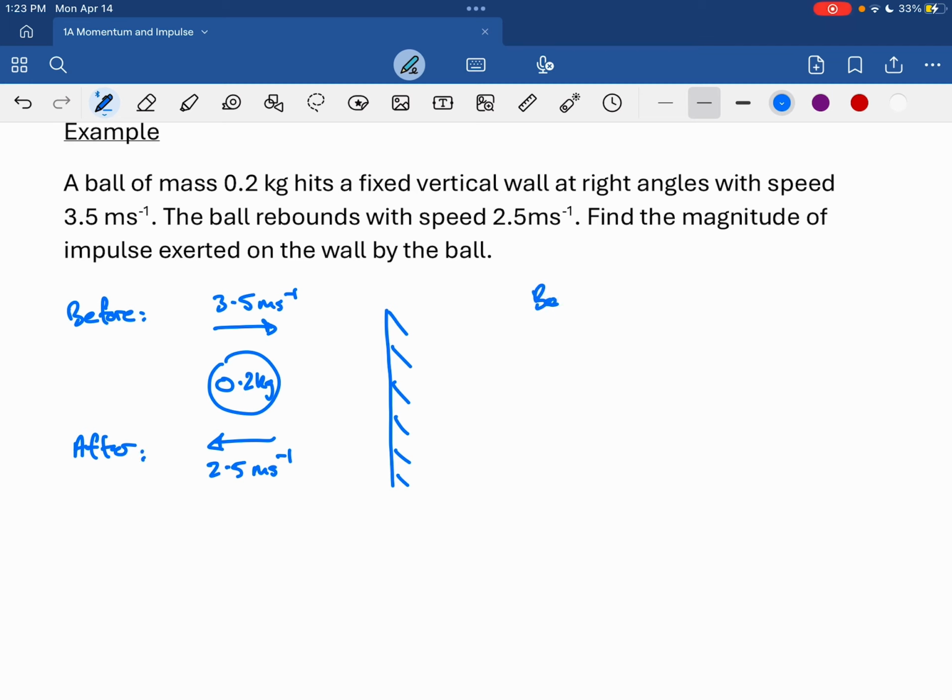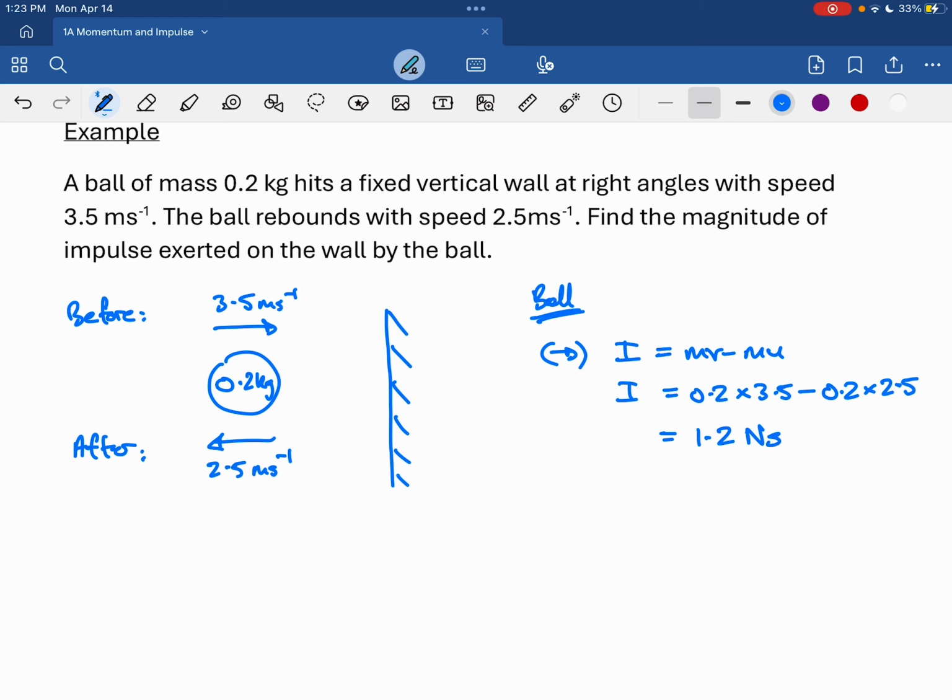So considering the ball, I'm going to take right as positive. Impulse is the change in momentum, mv minus mu. You can then work this out. And we get 1.2 Newton seconds.